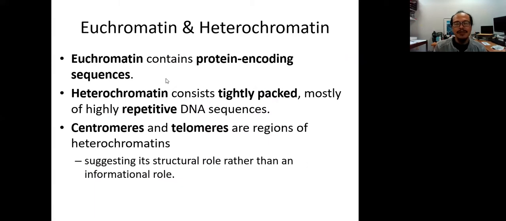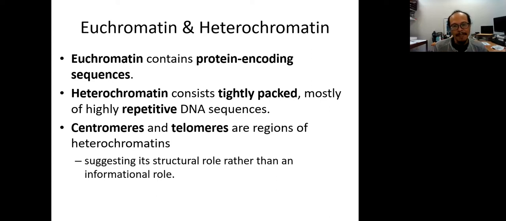So the difference between the euchromatin and the heterochromatin: heterochromatins are more compact, and they don't provide informative information. In other words, the code there contains a lot of repeats.